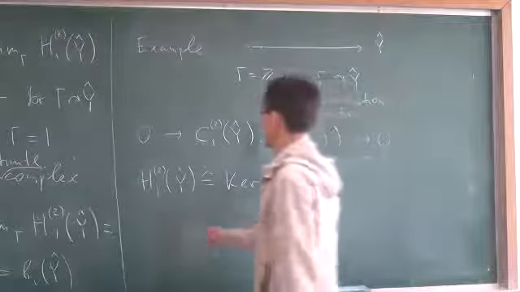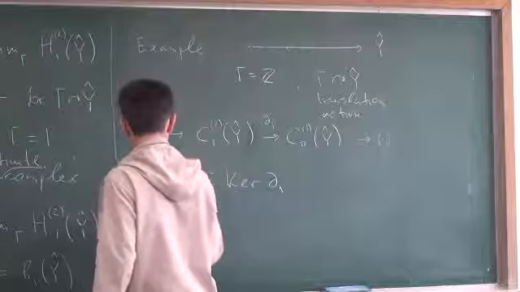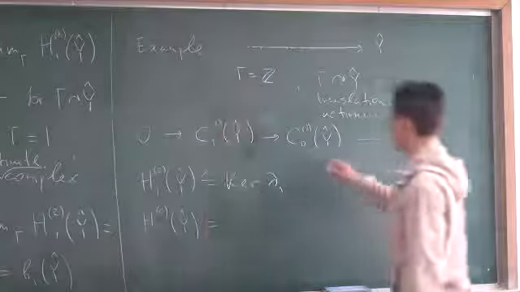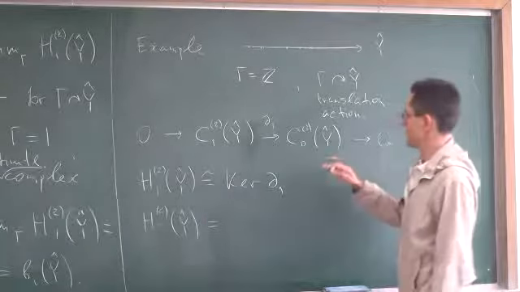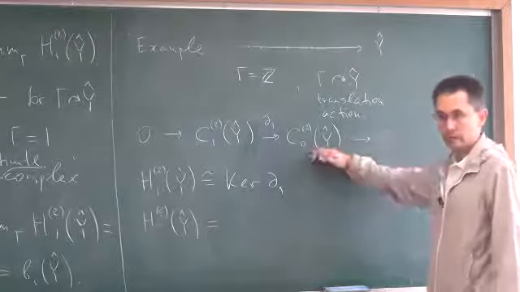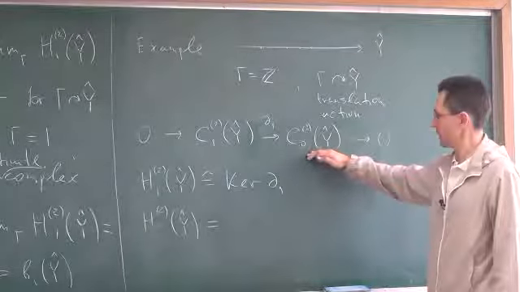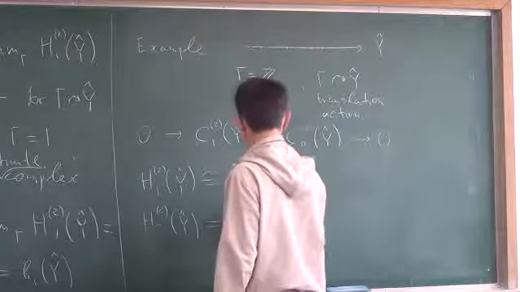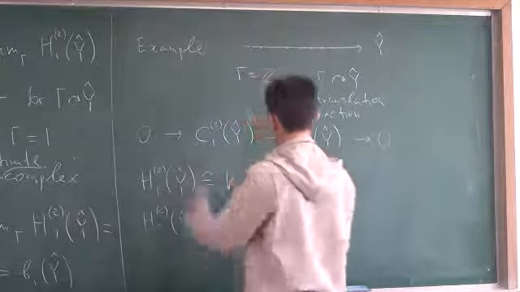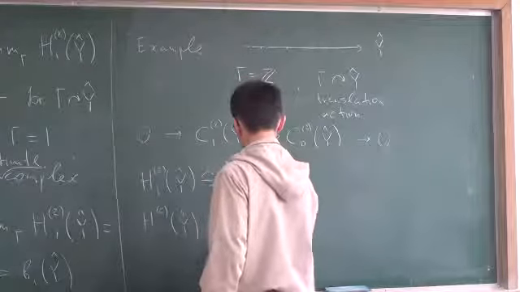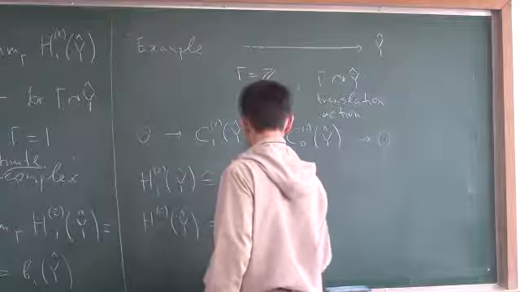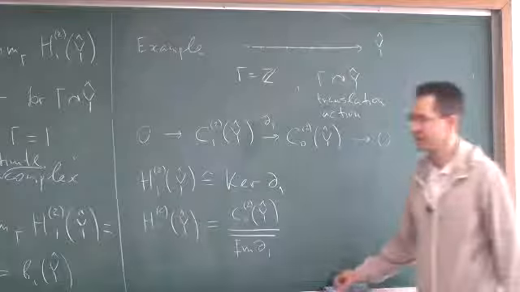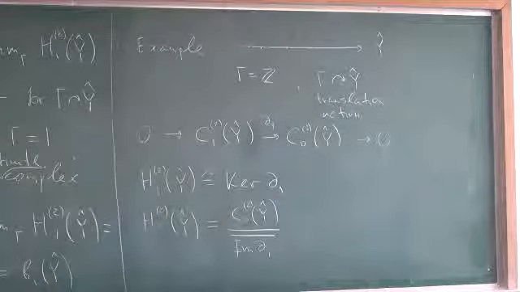And let's write H_0^2 of Y hat. This is, by definition, the kernel of this map divided by the closure of the image. What's the kernel of this map? It's the whole space of L2 chains, C_0 of Y hat, divided by the closure of the image of D_1. Okay, so what are they?